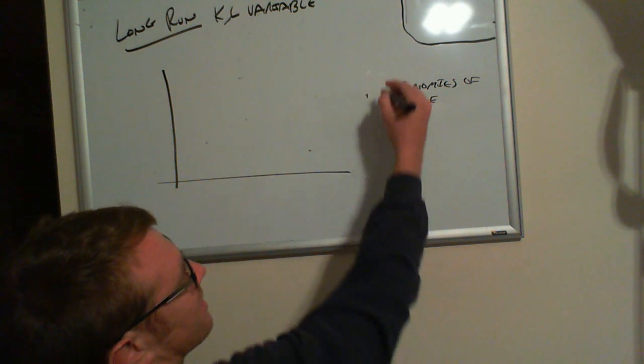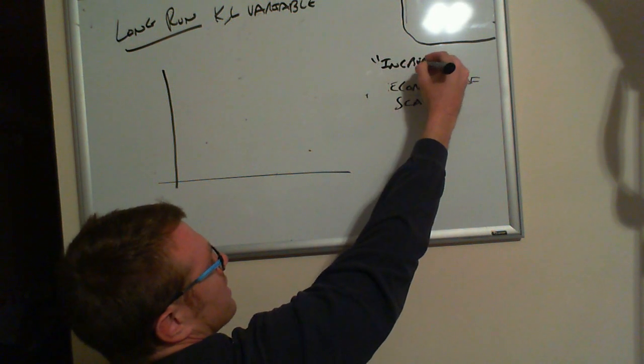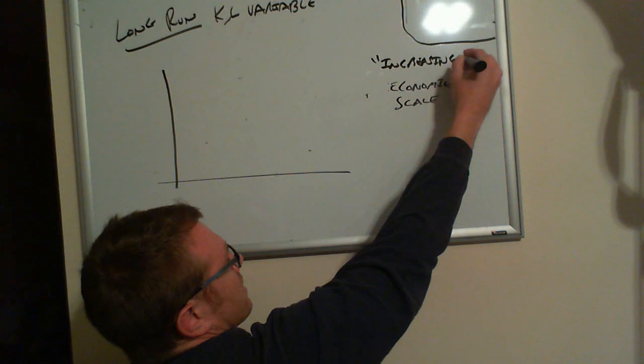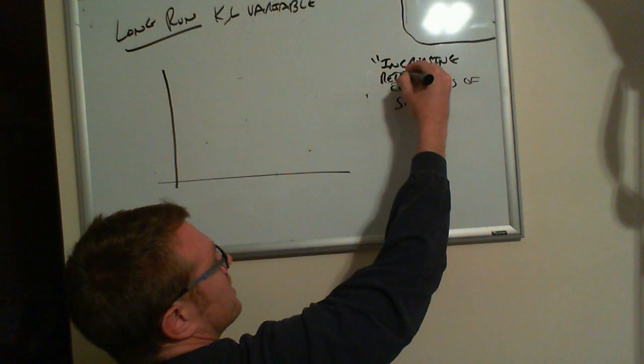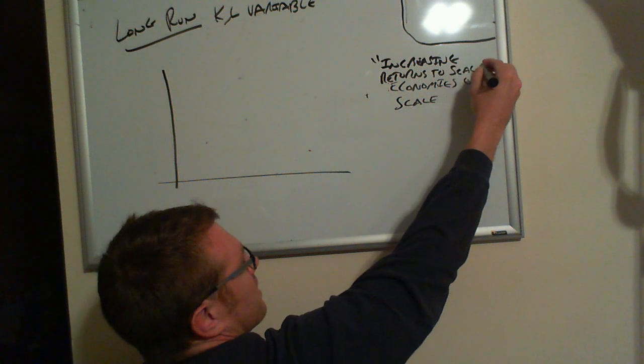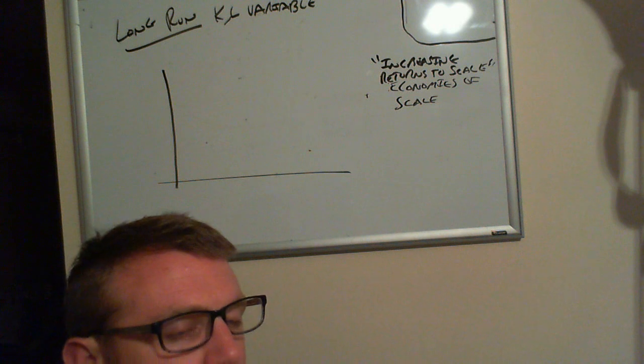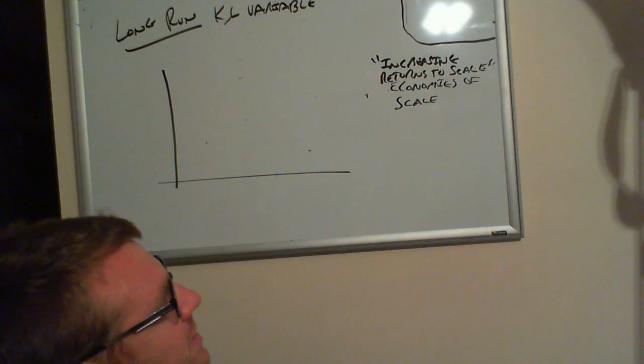The other name for this is increasing returns to scale. Those two things mean the same thing. So either economies of scale or increasing returns to scale.